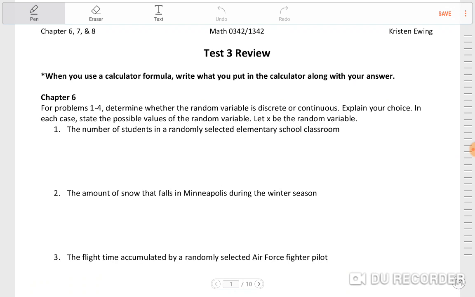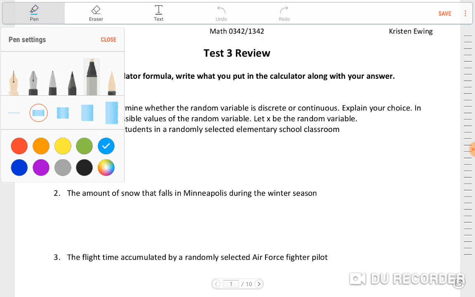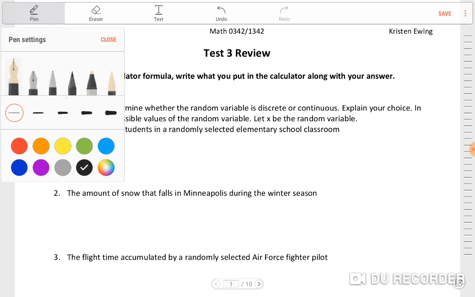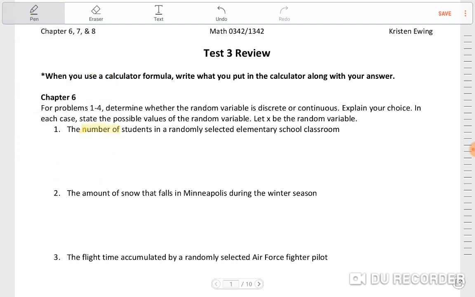Okay, so the number of students in a randomly selected elementary school classroom. So keywords here is number of. When you see the number of something, then that means that it's countable, right? So if it's countable, then this is going to be a discrete scenario, and all you have to offer up for explanation is because it is countable.